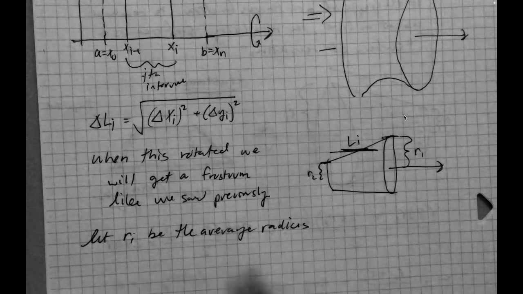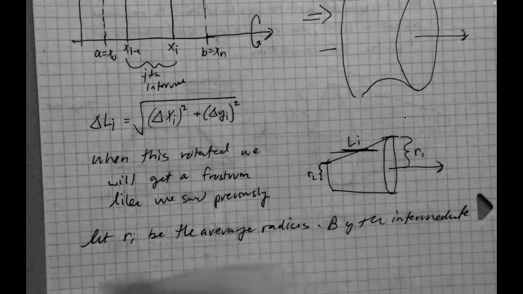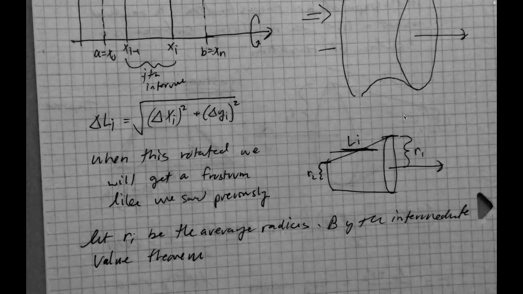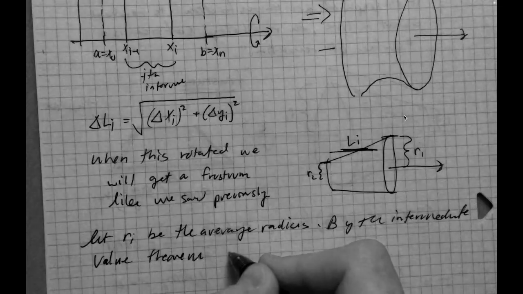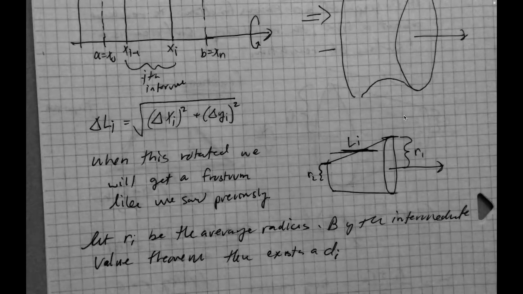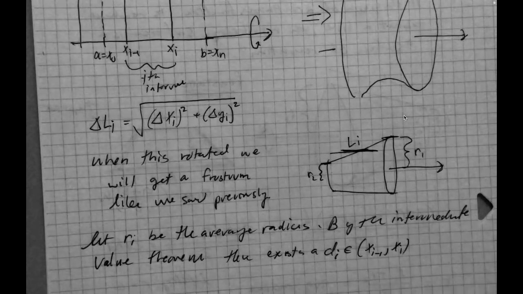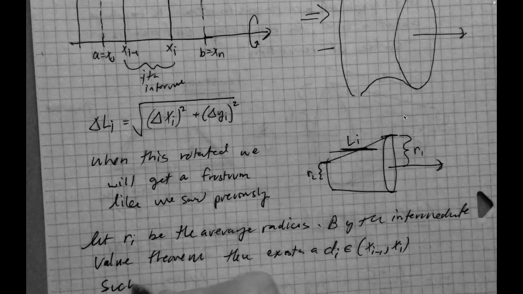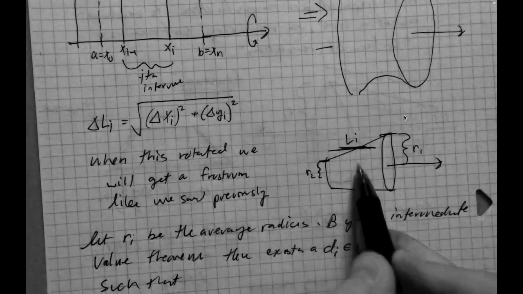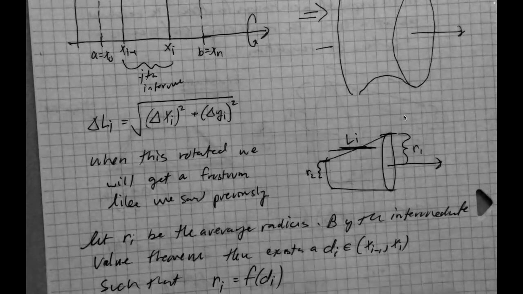But by the intermediate value theorem, another callback to calculus 1, there exists a di in the interval xi minus 1 to xi, such that this little Ri, this average radius, will be equal to f of di.